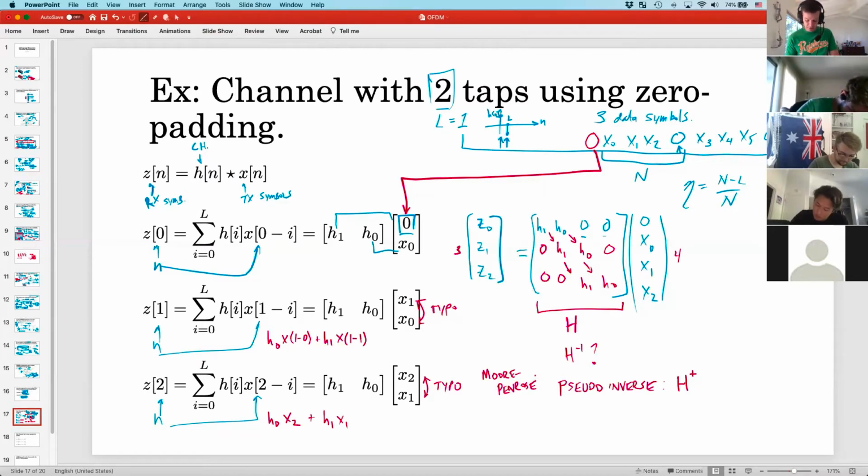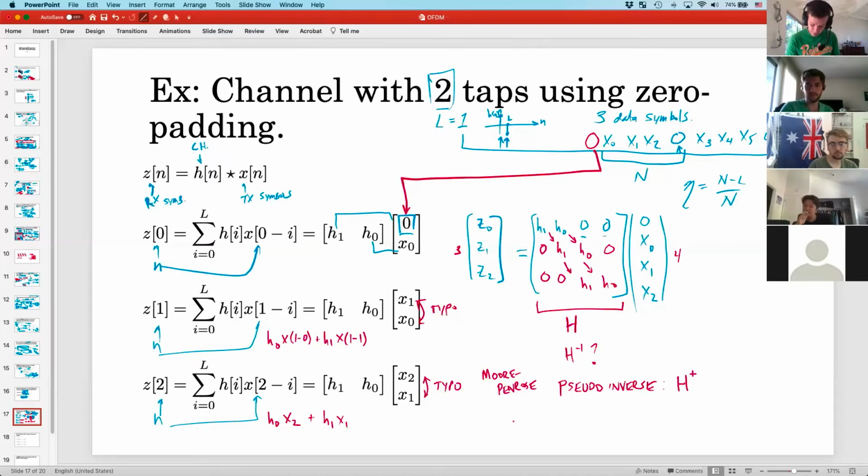And the idea is that the Moore-Penrose pseudo-inverse will give you the best estimate of the domain vector in terms of the minimum mean squared error. So here's that minimum mean squared error coming back again.